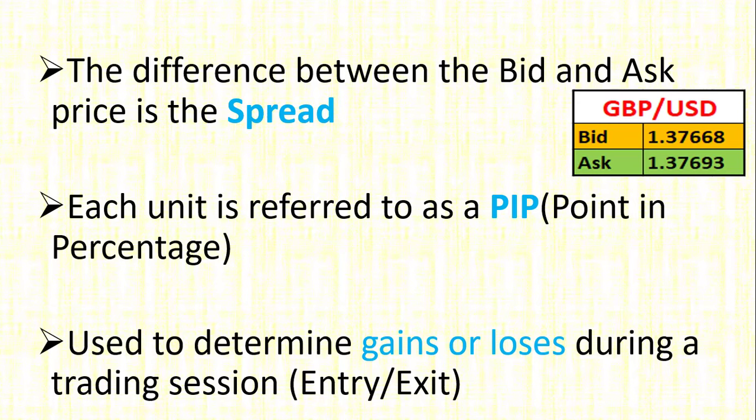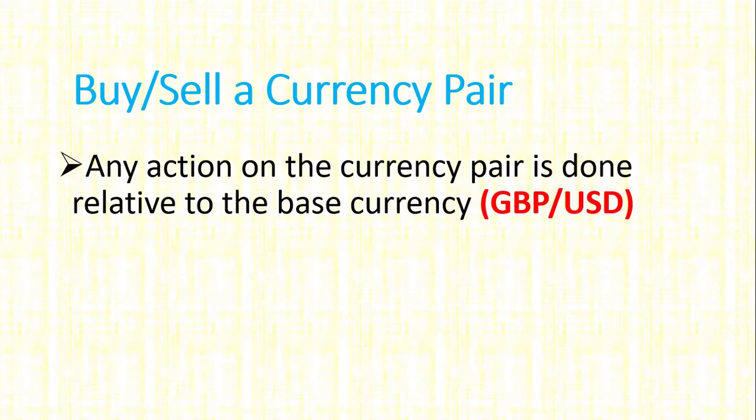So having looked at the ask and the bid, the difference, and how to measure that difference, we look at what it means when you buy or sell a currency pair. We have said a currency pair always has the base and the quote currency. So say, for example, you're considering the sterling pound and USD pair.